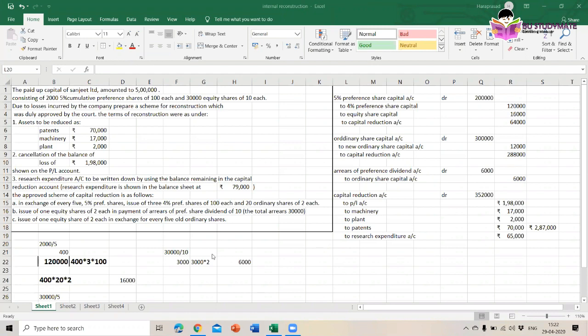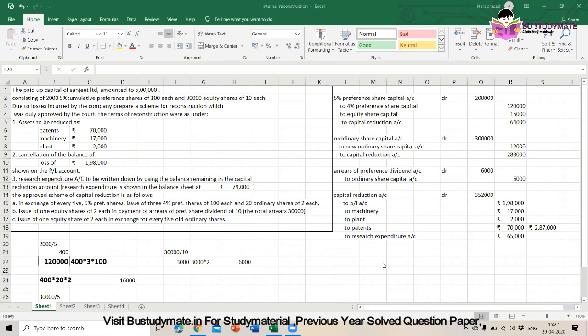Has everyone understood this question and also the answer? Just look over the journal entries. If you are stuck at any point, then ask me.